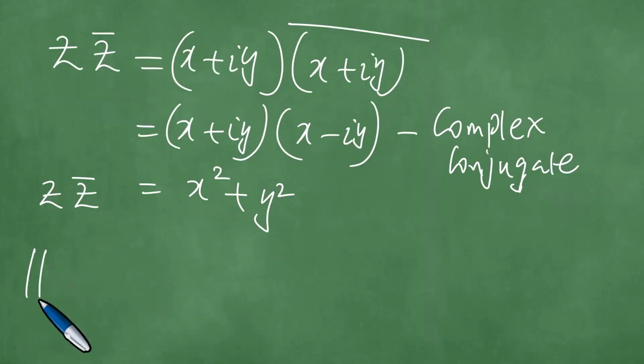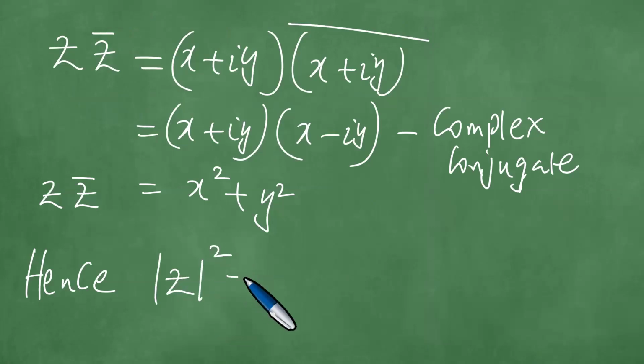I mean, hence, the modulus squared is the same as this. The modulus of z squared is the same as z times the complex conjugate of z. Hence, thus.